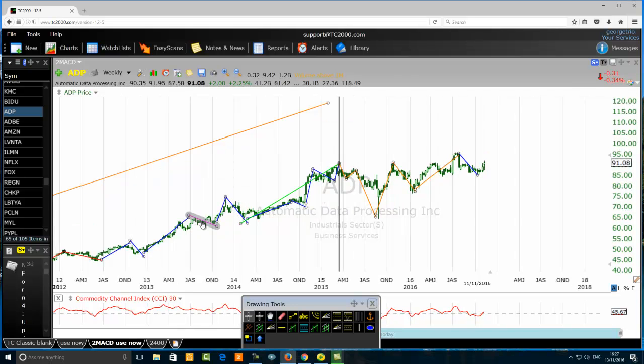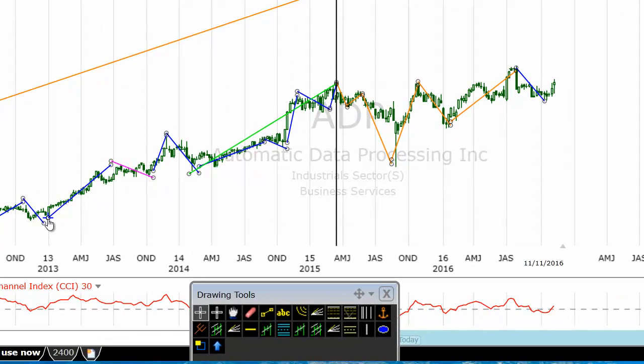So we were calling this, you see, 1, 2, 3. 1, 2, 3 on a weekly chart. There's a pullback here, you see? Even this session from here, in fact, should be from here.